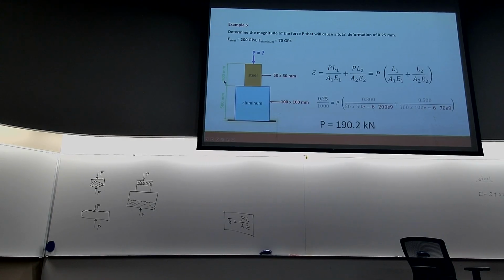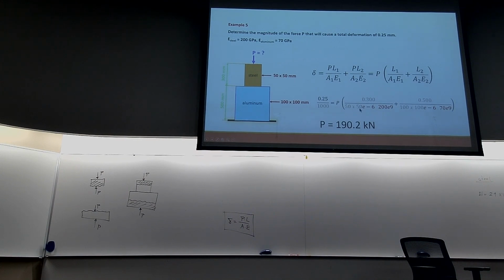L is 0.300 meters for steel and 0.500 for aluminum. The areas are, these are square cross sections, so this is 50 by 50 millimeters. This is 100 by 100.